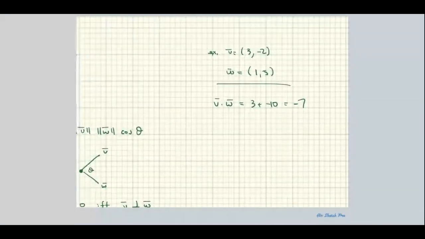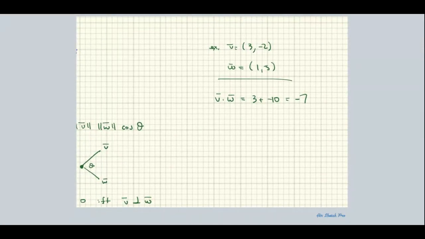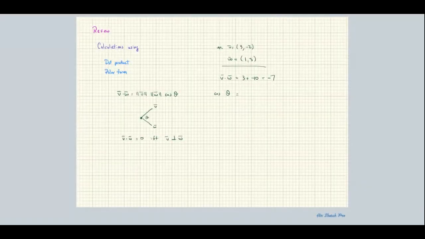I want to find the angle between them, right? Now, theta. I'm not sure what theta is. What's theta? Well, I know the cosine of theta is, oh, look, here it is.